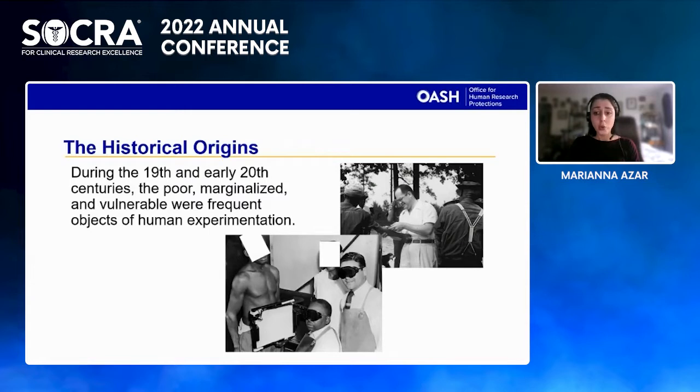So, the historical origins. Well, in the 19th and 20th centuries, we can point to several research experiments in which the poor, marginalized, and vulnerable were used by researchers for experimentation that posed significant burden on subjects with little or no benefit.